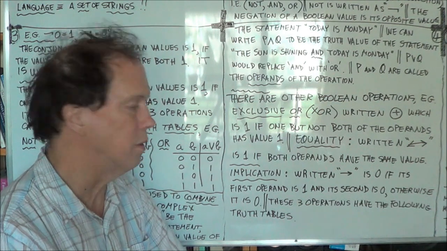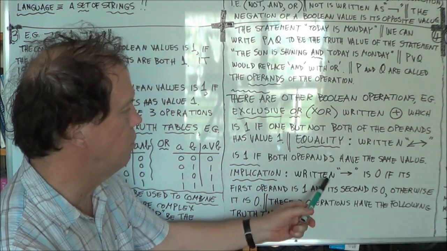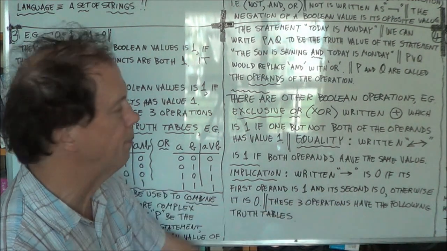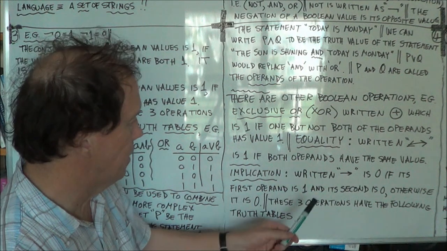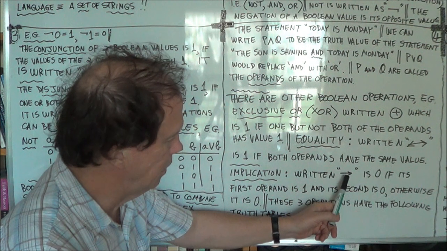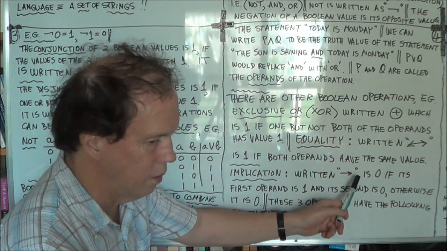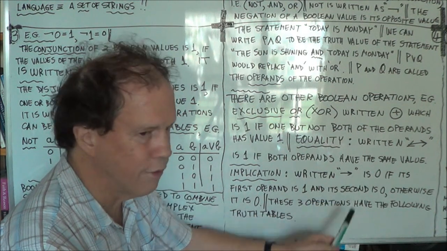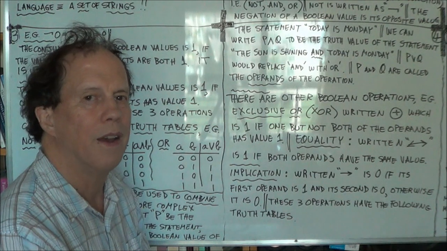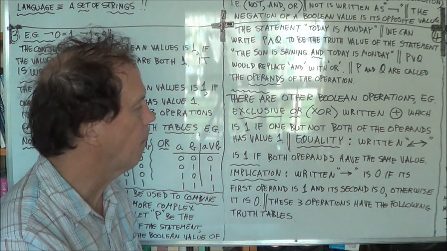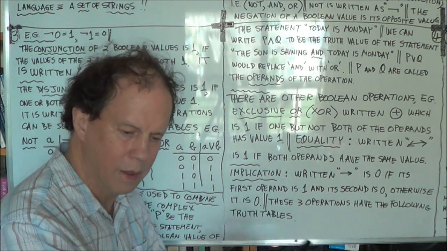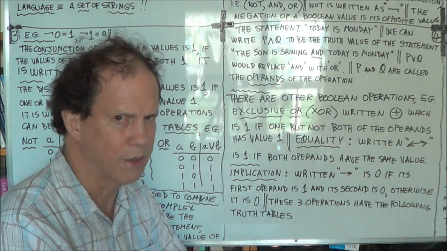You're deducing from A that B is true. So if A is 1 and B is 0, if A is true and B is false, that doesn't make sense if you're deducing B from A. Because if A is true, and B gets deduced from A, then B must also be true.